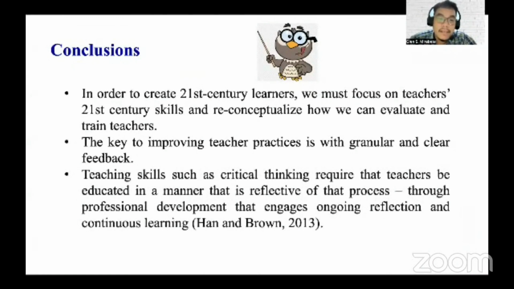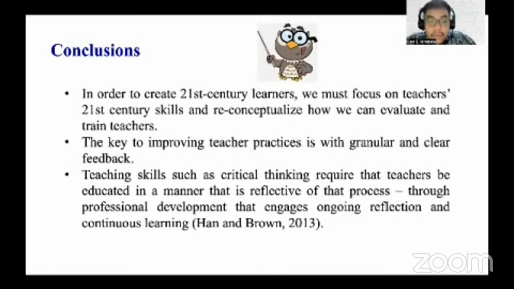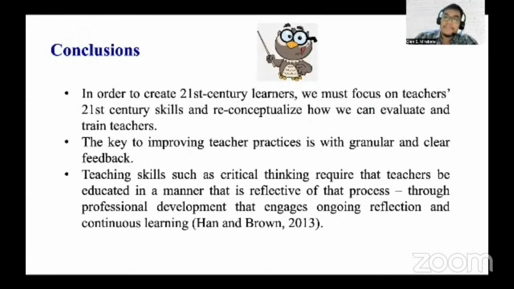And teaching skills such as critical thinking require that teachers be educated in a manner that is reflective of that process. Critical. So that means regulation of their mind. They know how to see themselves in the mirror, and through professional development that engages ongoing reflection and continuous learning.